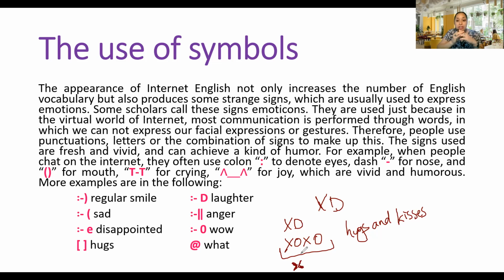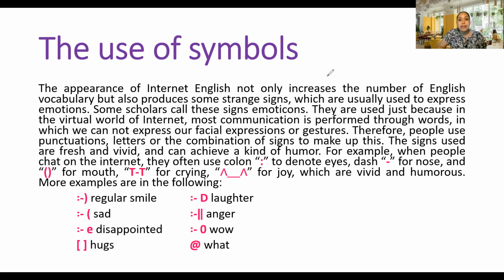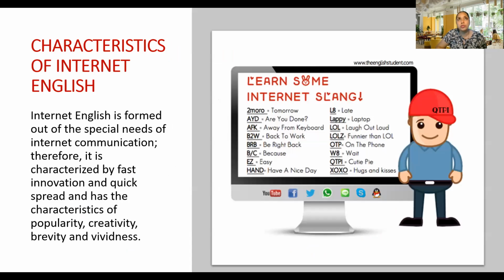But then when you put the X, they're kissing. And the O, like I was saying over here, is the hug. So it's one person, the other person, and they get so close, and it makes the O. So they hug. Hugs and kisses. Yeah, thank you, Gilberto. That's another sign, the XD, and yeah, so true.